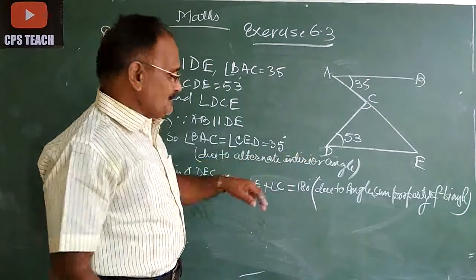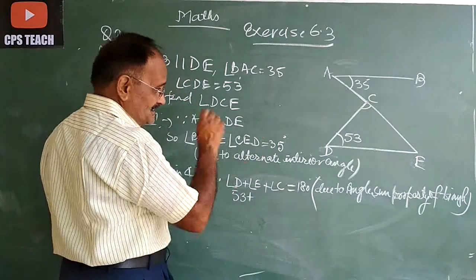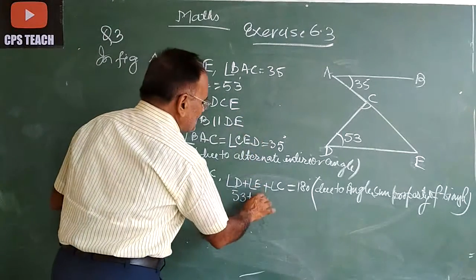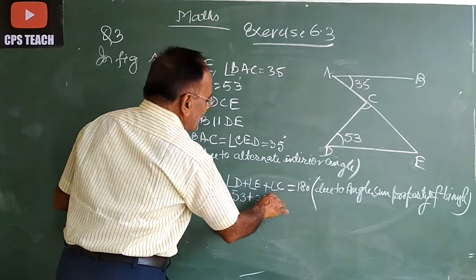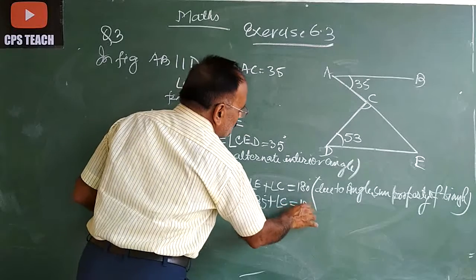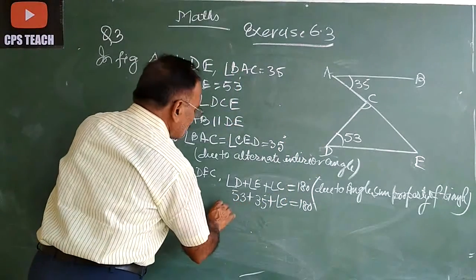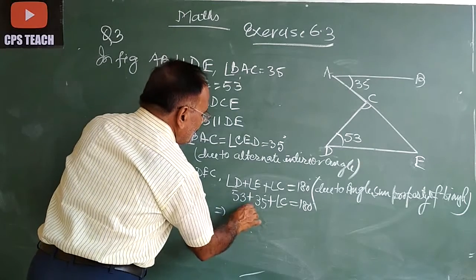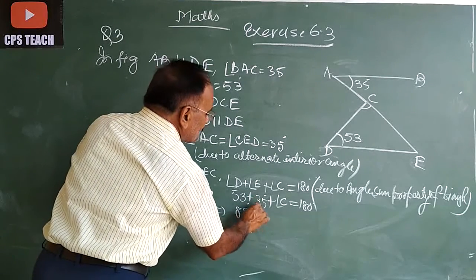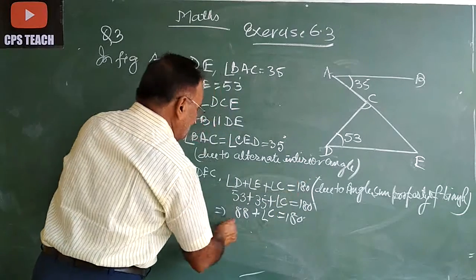And angle D is given 53 degree plus angle E is equal to 35 degree, and angle C, which we have to find out, is equal to 180 degree. This is 88 degree plus angle C is equal to 180 degree.